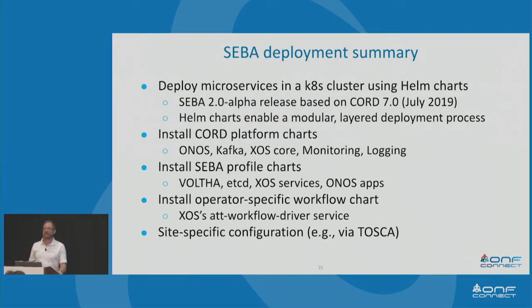Then you need to do some site-specific configuration for the specific hardware and topology that you're trying to manage with SEBA. TOSCA is a specification language that we typically use in SEBA for this. So those are the 4 steps: platform charts, profile charts, workflow chart, and then TOSCA. And you'll see that in the hands-on.